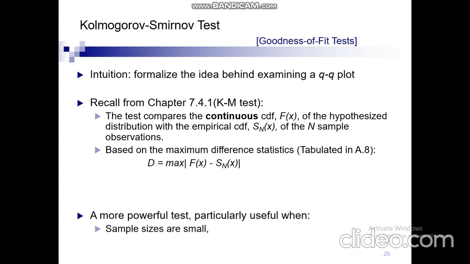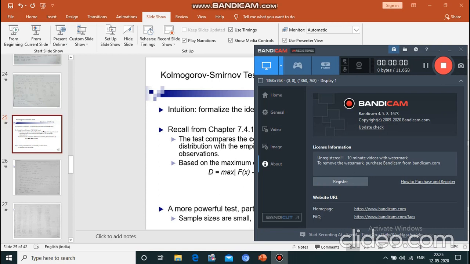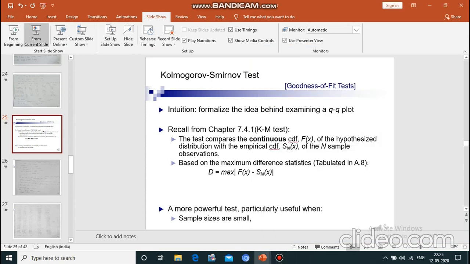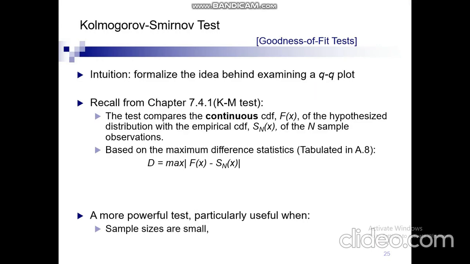So next, under the goodness of fit test, we have one more test, that is the KS test, the Kolmogorov-Smirnov test.